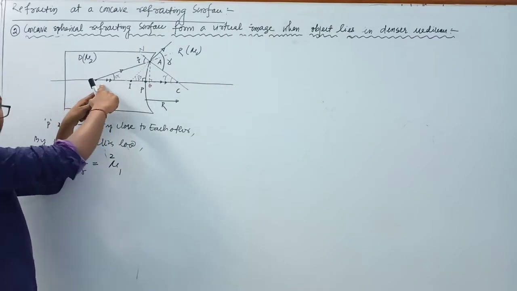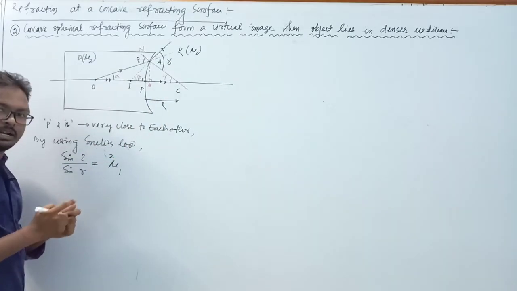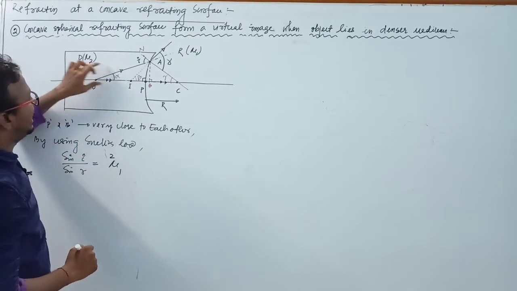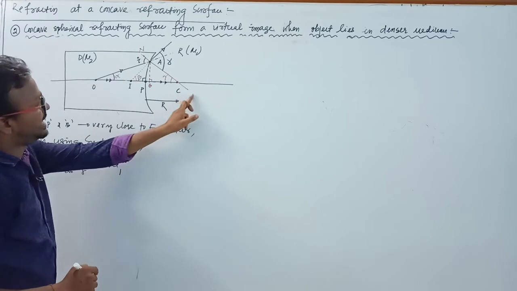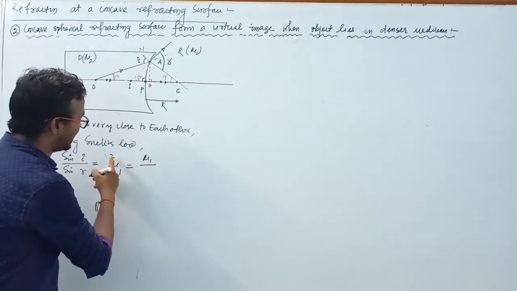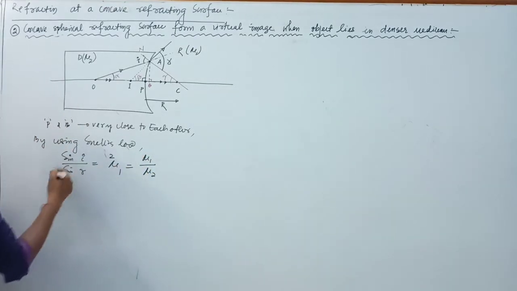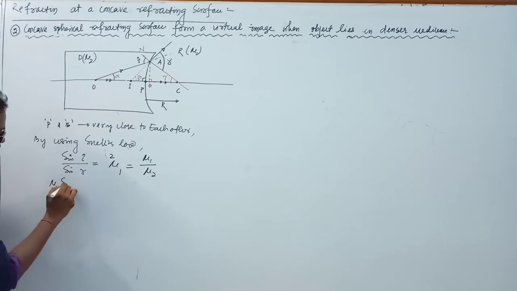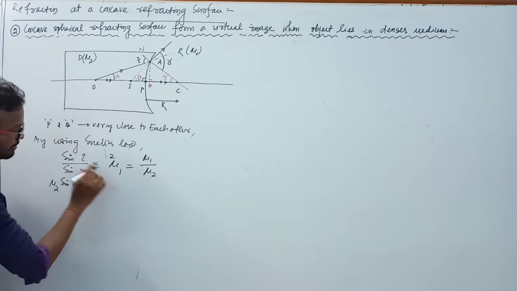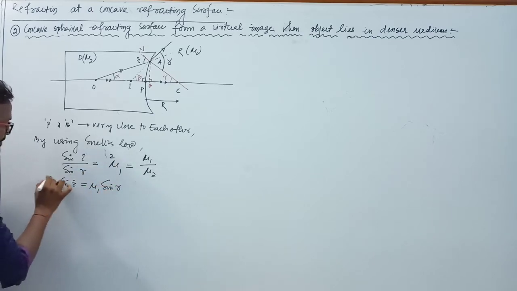The second medium is where the refracted ray travels, the first medium is where the incident ray travels, with refractive indices mu2 and mu1. So this can be written as mu1 divided by mu2. If we cross multiply, we get mu2 sin I equal to mu1 sin of the angle of refraction.